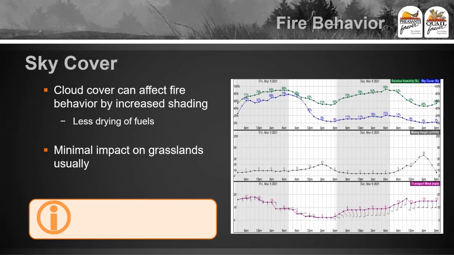And then when it comes back out, you can see it increase a little bit. So it's actually pretty cool. But if it was 100% cloud cover, then that could affect your fire behavior as well.